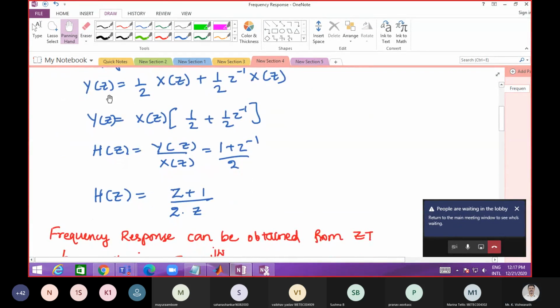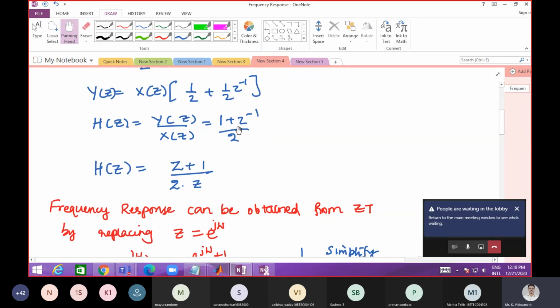Next, once you have this Z transform equation, then you can simplify so that you can get the result in the form of Y of z by X of z, which is the same as the system response H of z. So this is nothing but (1 plus z inverse) by 2. Okay. So simplify this and we'll get H of z is (z plus 1) by 2z.